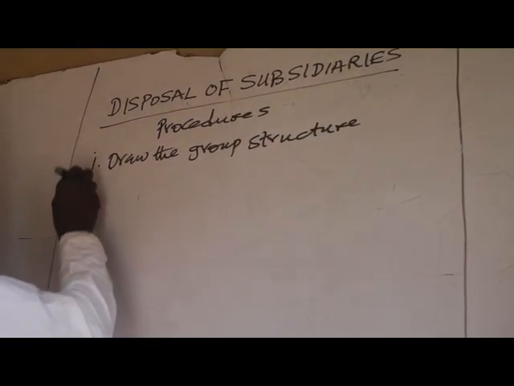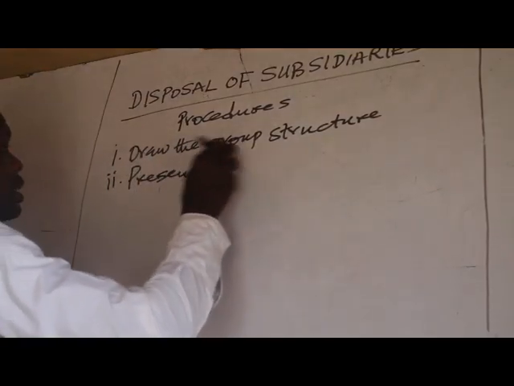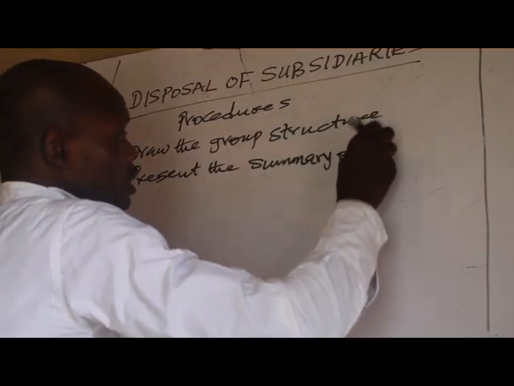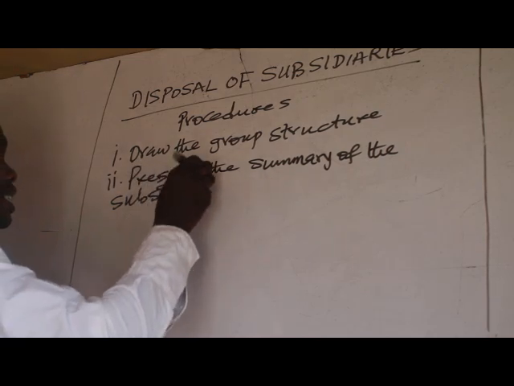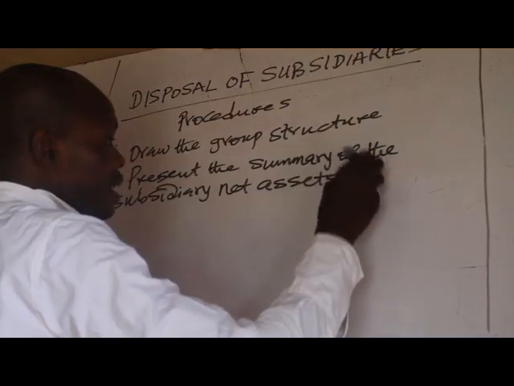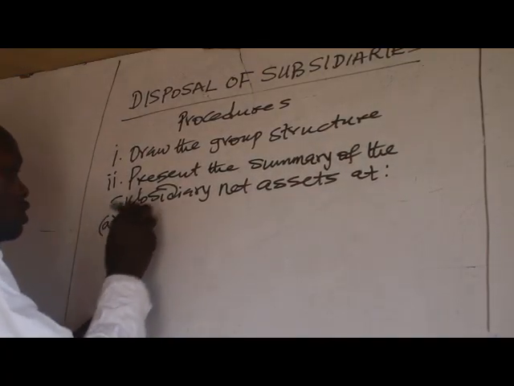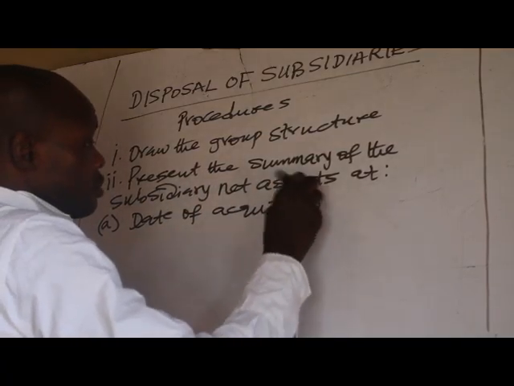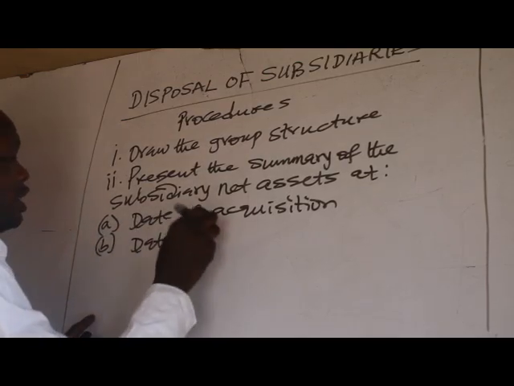The second step is to present the summary of the subsidiary net asset at A, date of acquisition, and B, date of disposal.